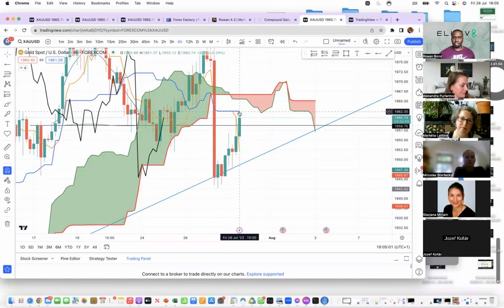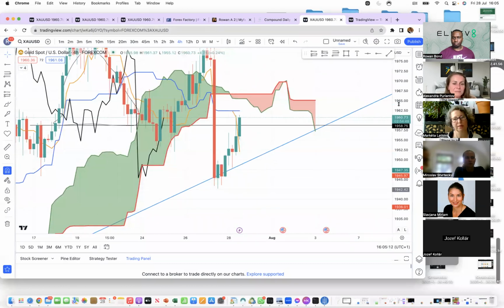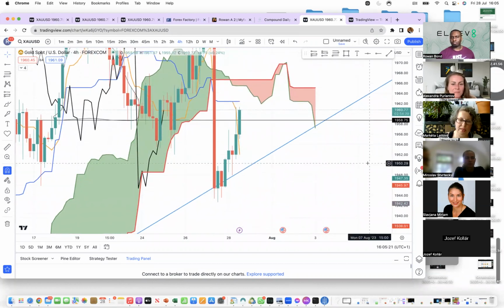It's likely to start selling when it gets to this line here. I'd be extremely confident that price is going to sell when it gets to this line.